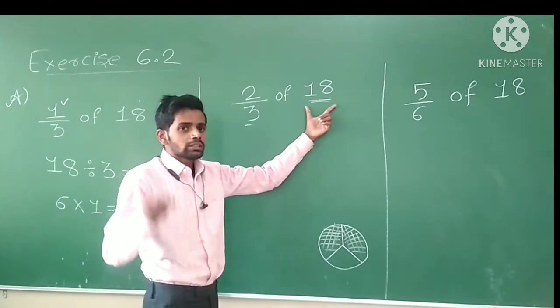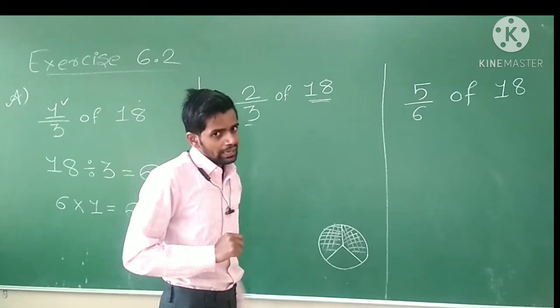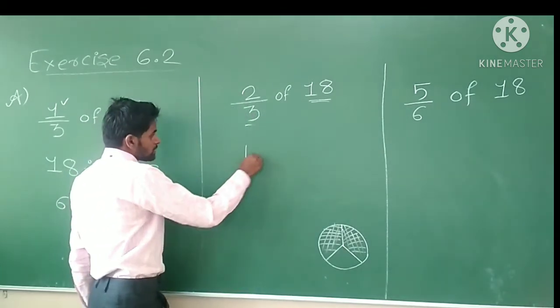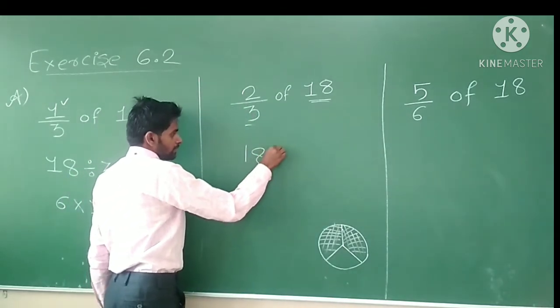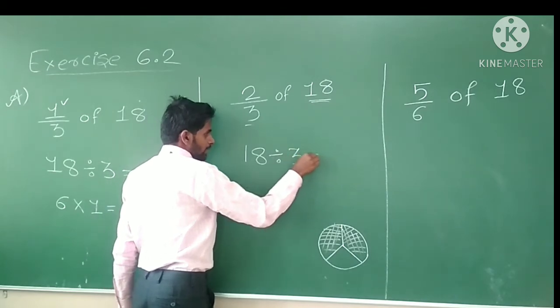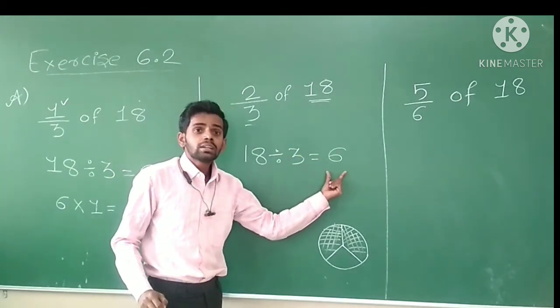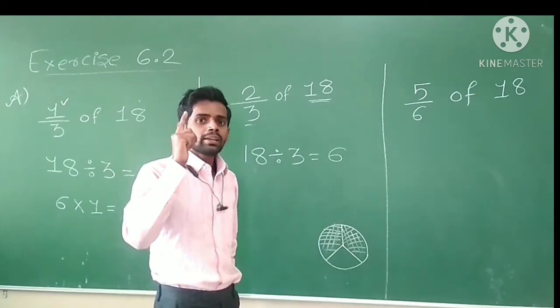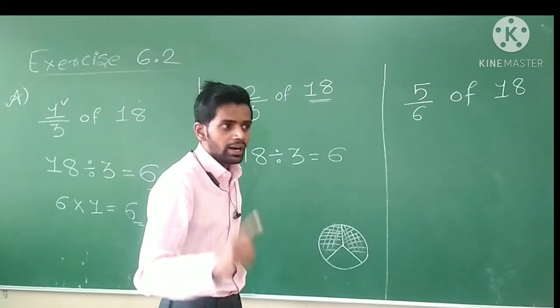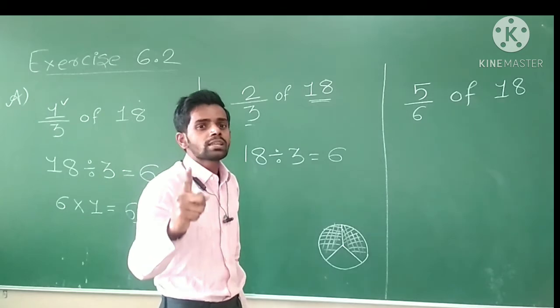Similarly, I will create 3 equal parts of 18. That means I will divide this 18 by 3 and you will get 6. This 6 indicates how many objects are in one part. एक part में 6 है.